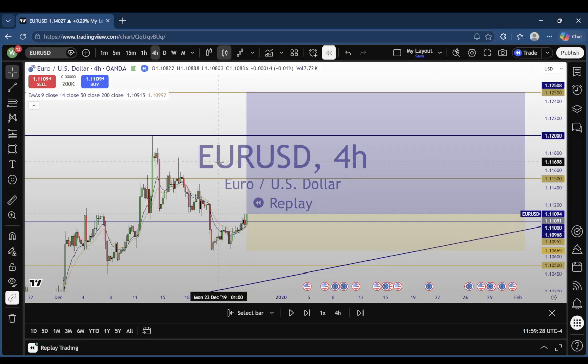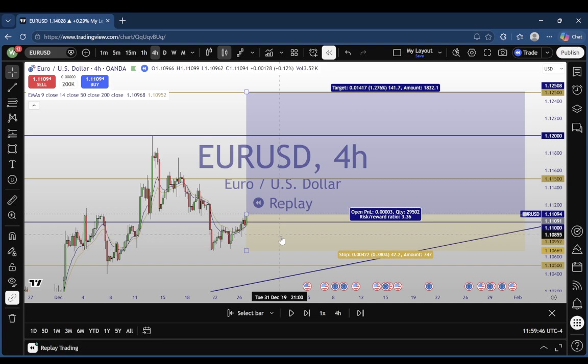You want to make sure that whatever you're risking is less than what you're going to make. So even if you have a few losing trades, or more losing trades, that one winning trade can eclipse your losing trades, because what you're risking is less but what you're making is more. In this case, we're risking about 40 to 50 pips to make 100 to 150 pips. That is a significant difference.